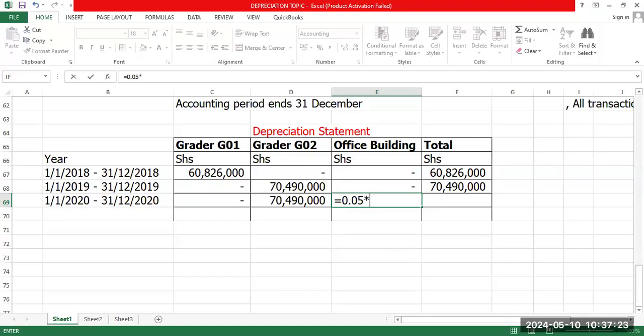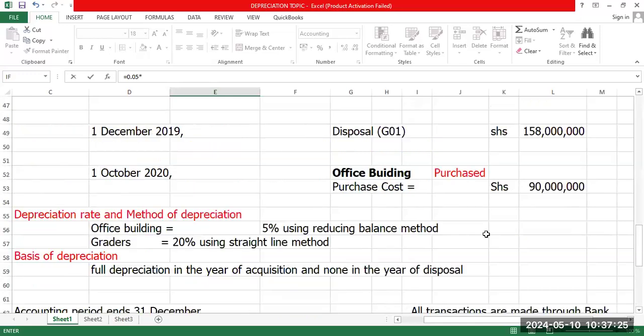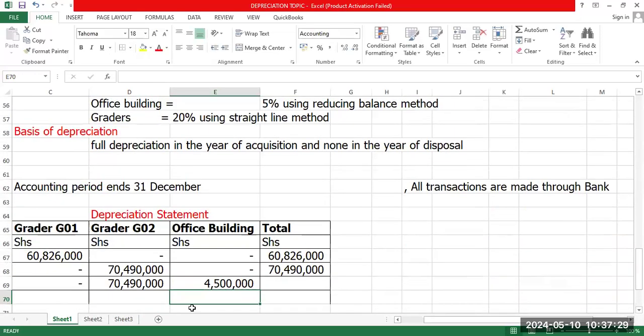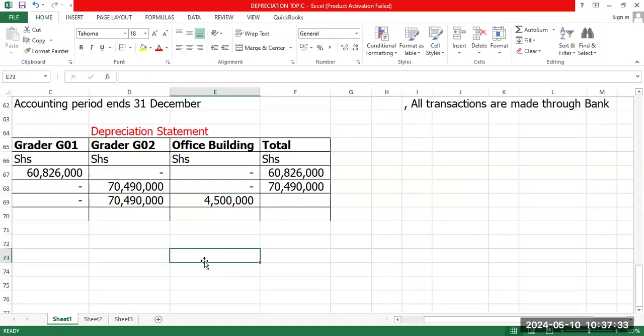What is the capitalized cost for the building? 90 million. And that is your depreciation. Members, if they say reducing balance, you use the rate to get depreciation using reducing balance. Why did you put the 70 million and then in 2019 for the grader 2?